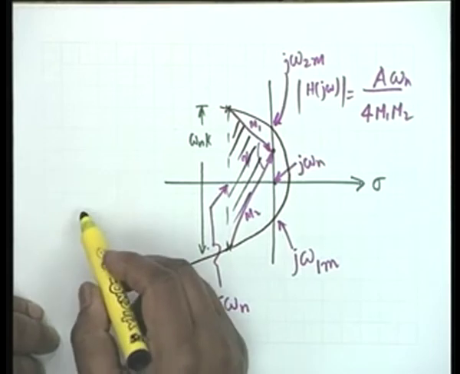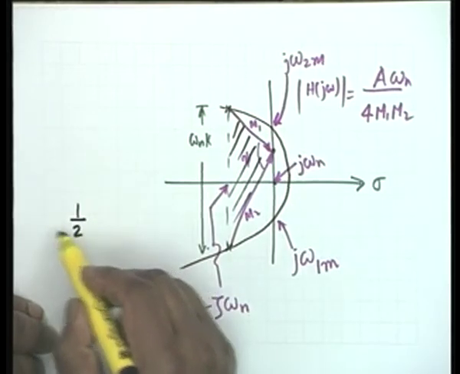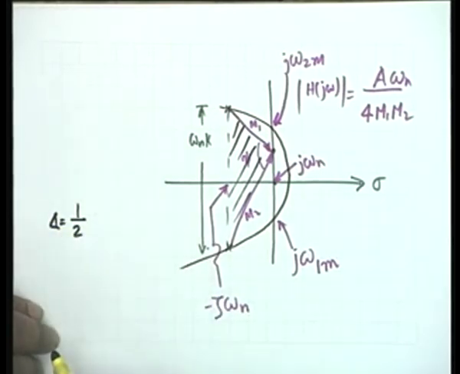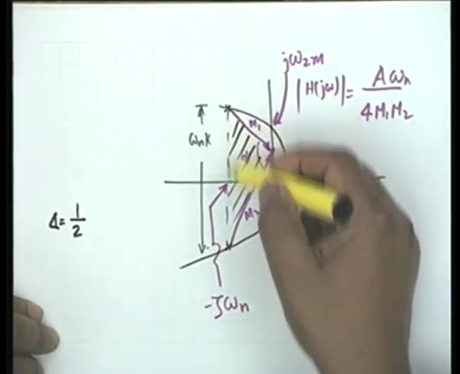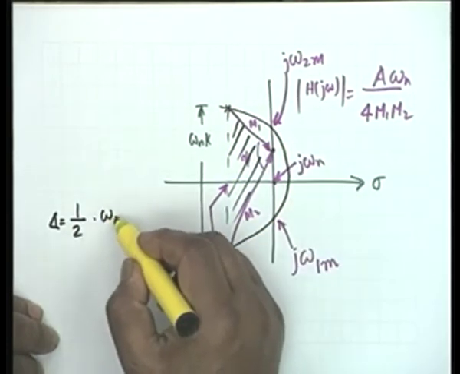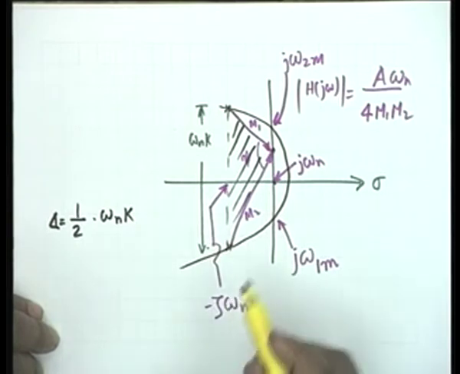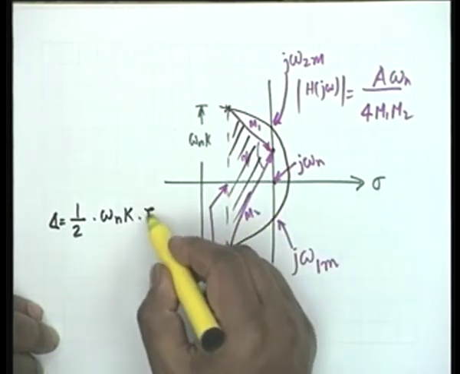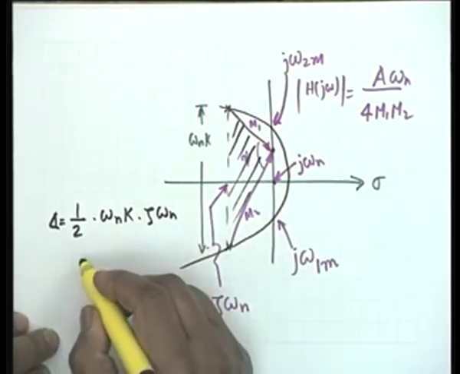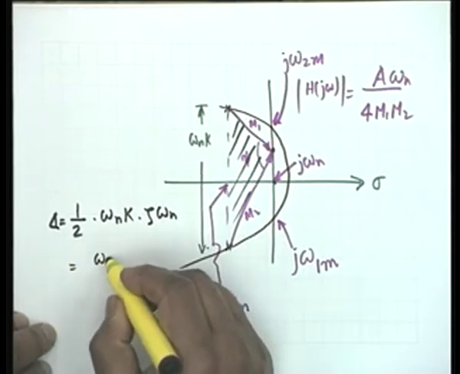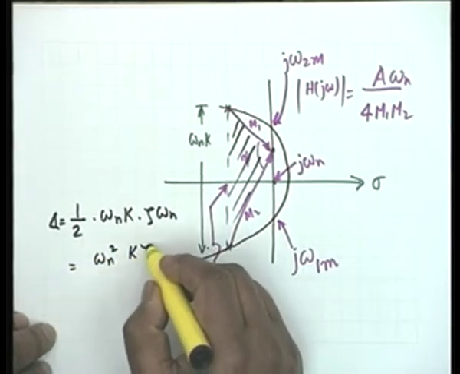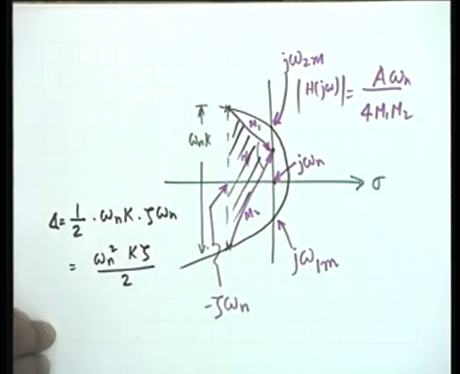The area is obviously half, the base is omega n k, and the height is zeta omega n. Therefore, this is equal to omega n squared k zeta divided by 2.